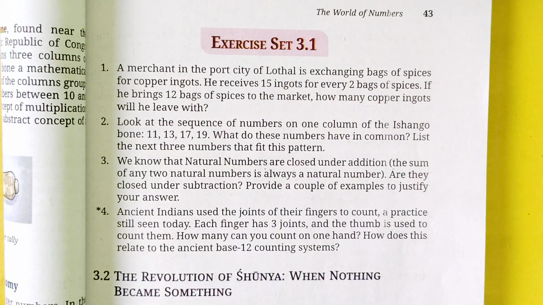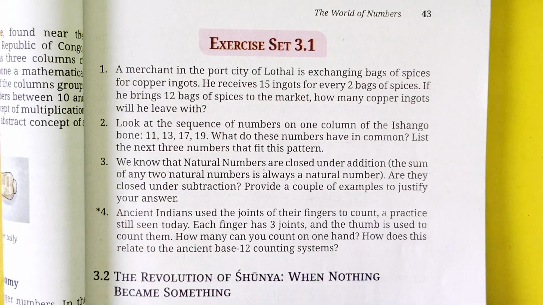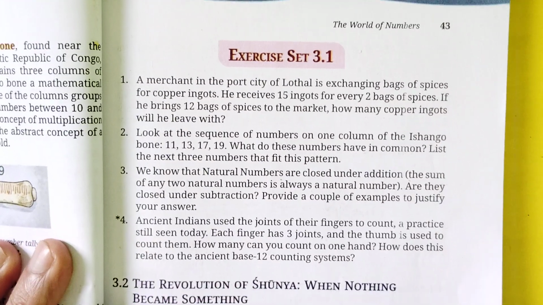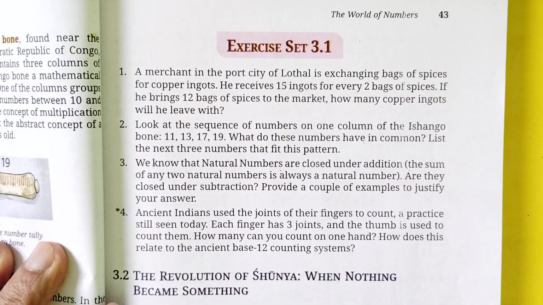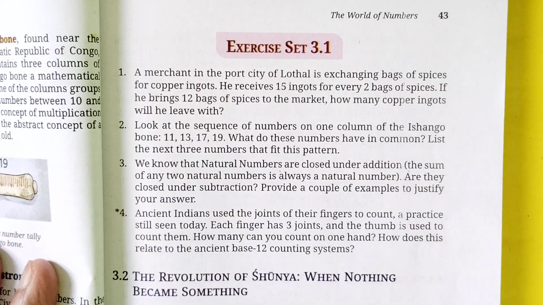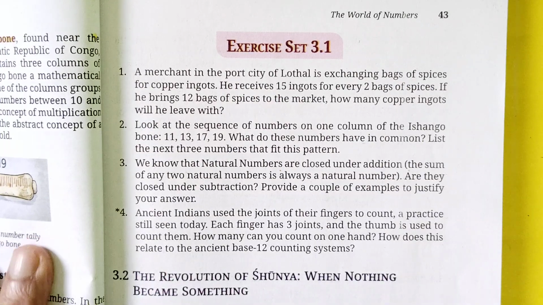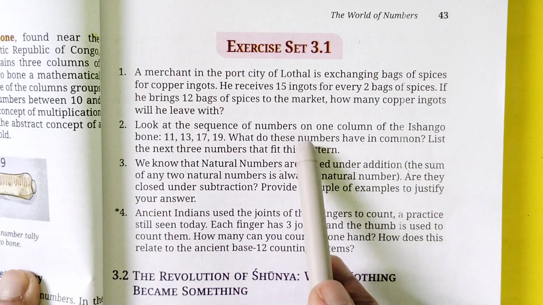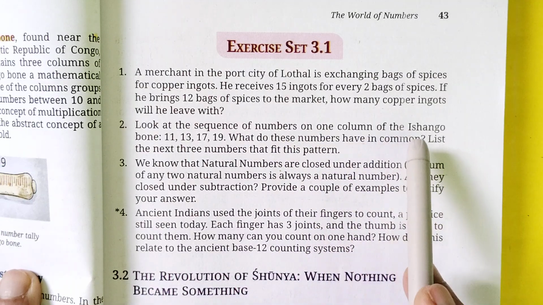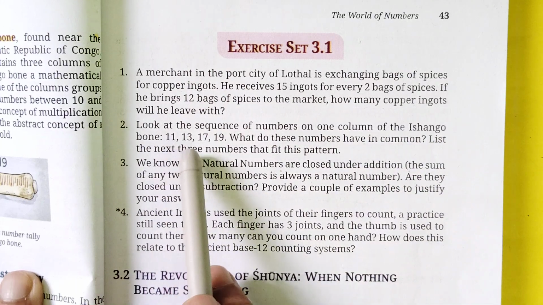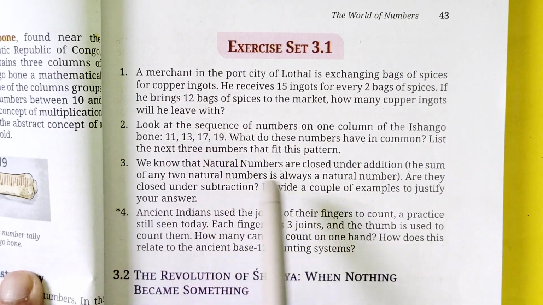Question 2 says, look at the sequence of numbers on one column of the Ishango bone, that is 11, 13, 17, 19.